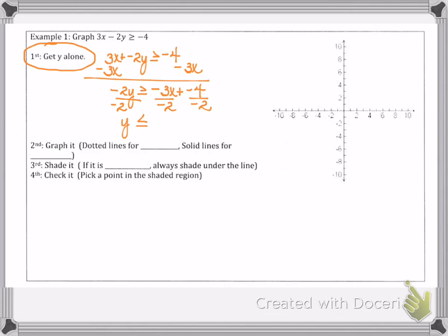I've got y alone on the left side, which is what I want. -3x over -2 becomes a positive 3/2 slope, and we're going to reduce -4 divided by -2 to be positive 2.